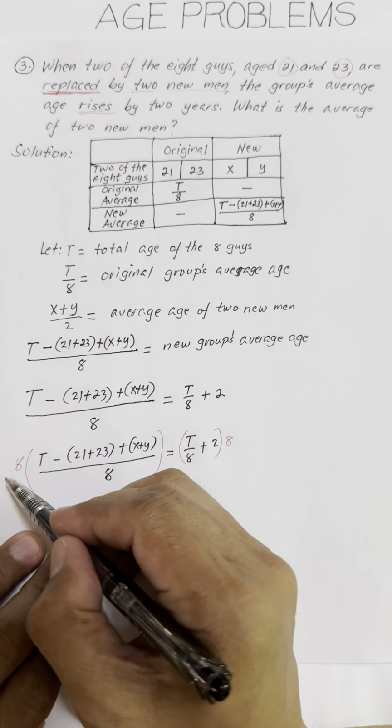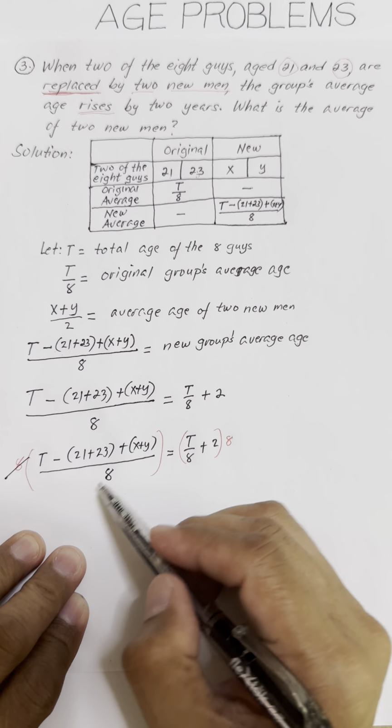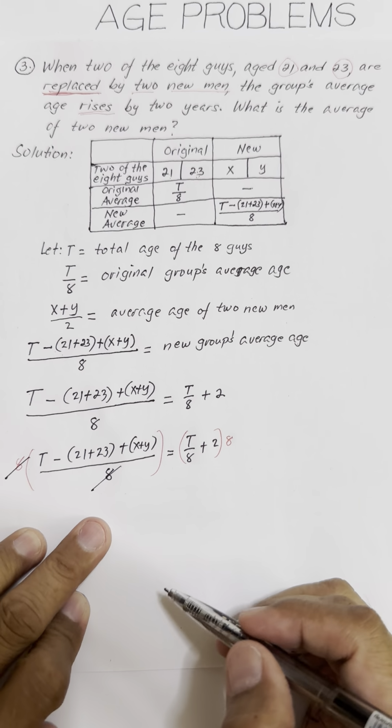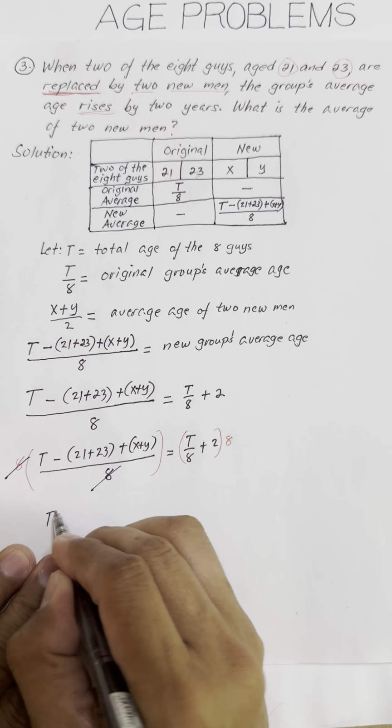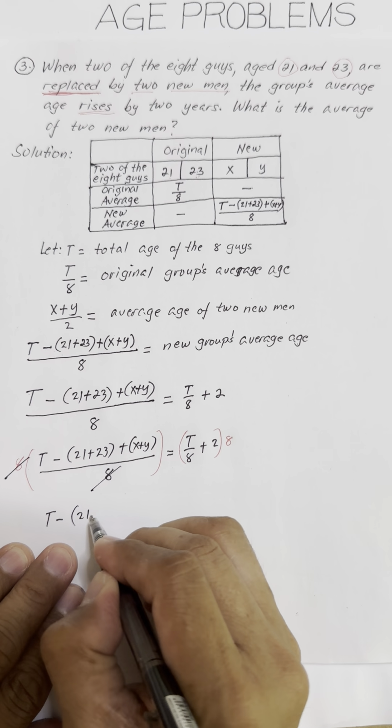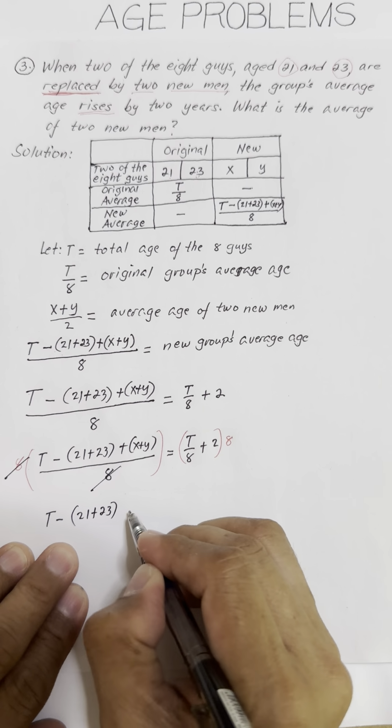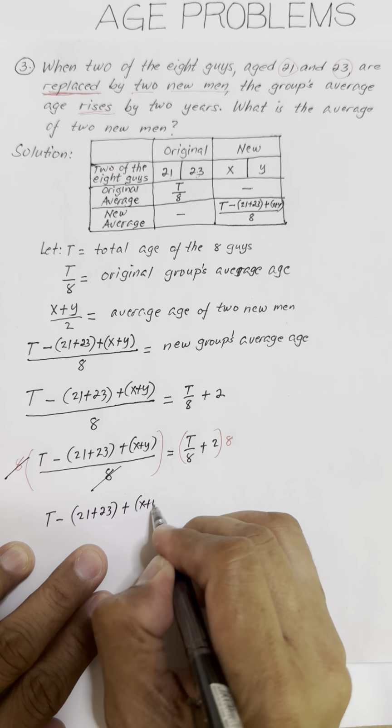On the left side, the 8 in the numerator cancels out with the 8 in the denominator, leaving only t minus the quantity 21 plus 23 plus the quantity x plus y.